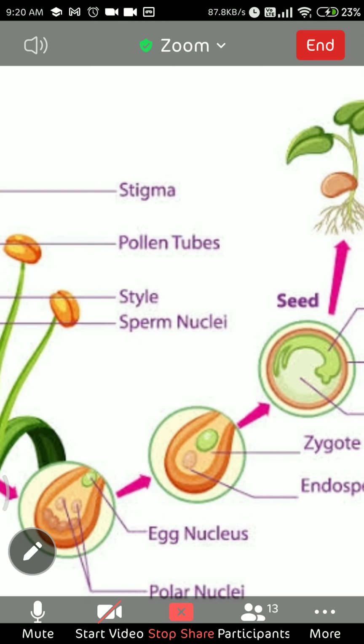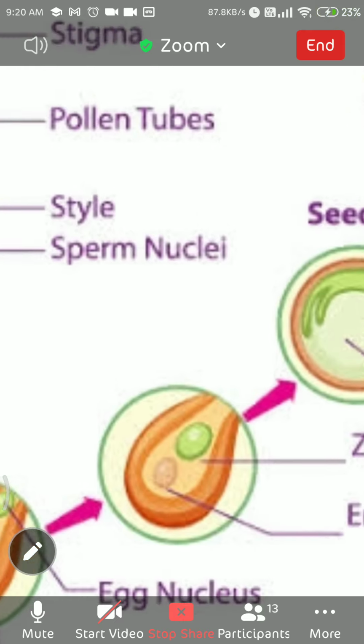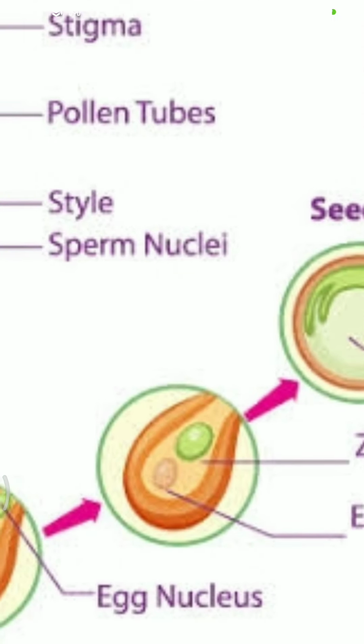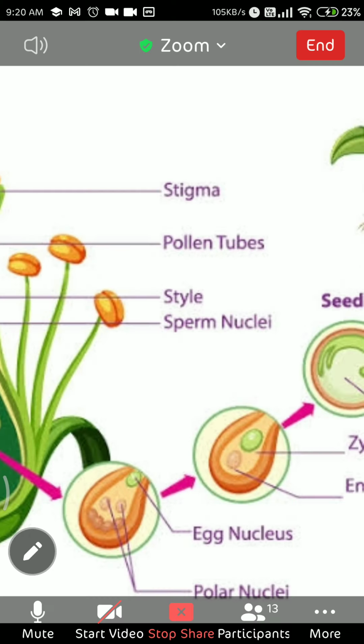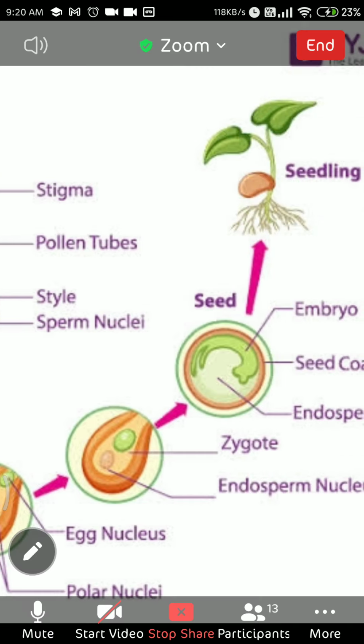When the male gametes reach here, one will fuse with the polar nuclei, because two male nuclei are there, and one will fuse with the egg. The one fused with the egg will give the zygote, the fertilized structure.